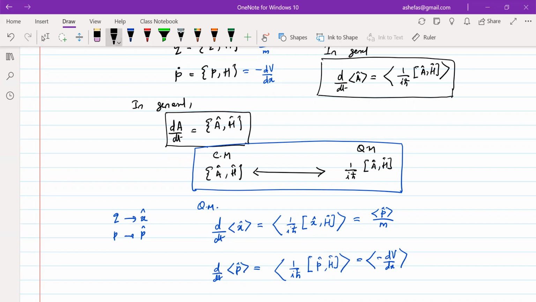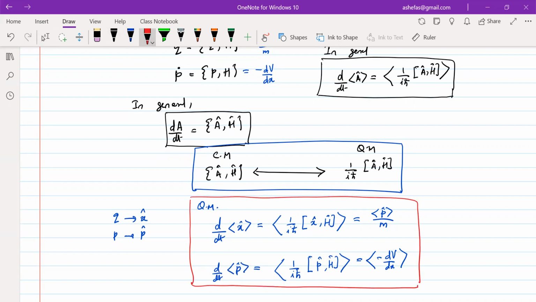This can be done as an assignment. So prove that d by dt of the expectation value of x is the expectation value of momentum by mass, and d by dt of the expectation value of momentum is minus the expectation value of dV by dx.